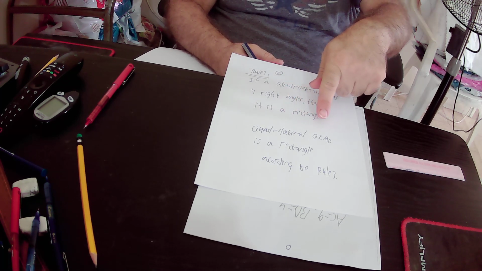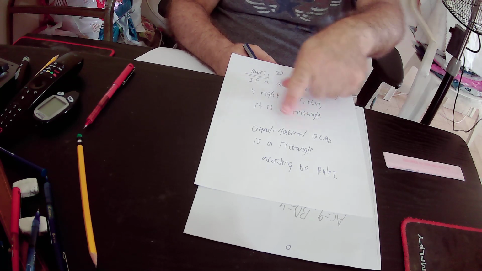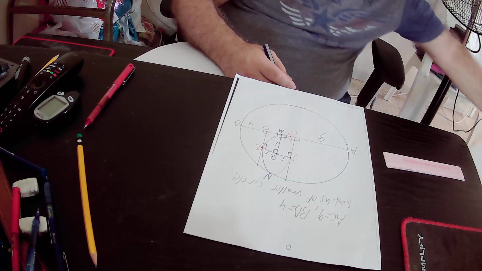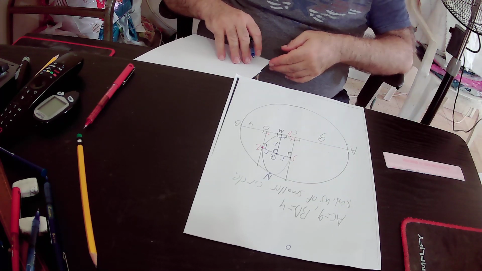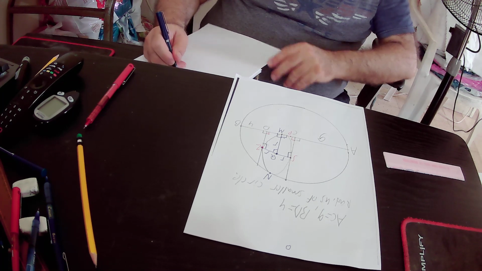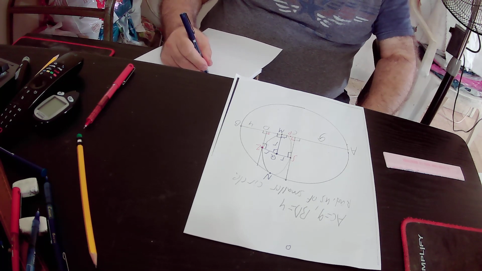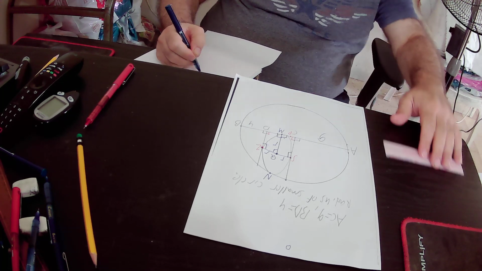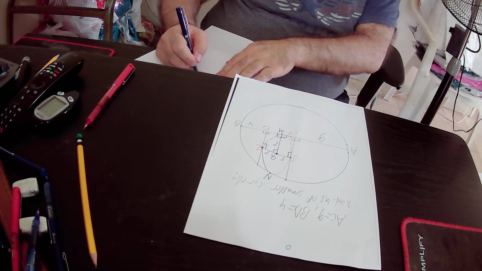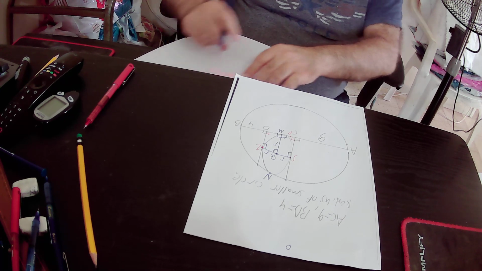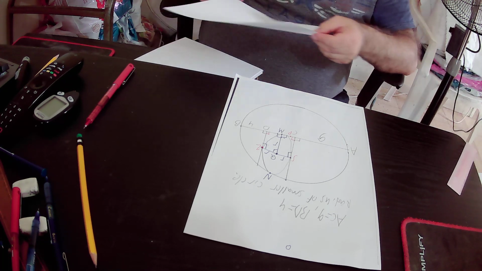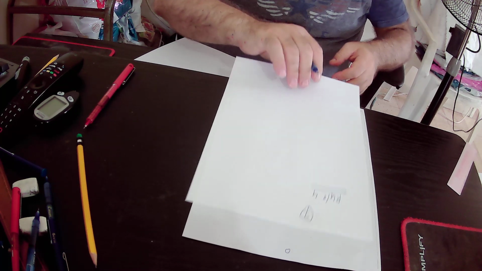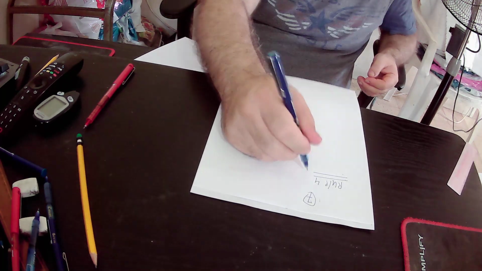Quadrilateral QZMD is a rectangle, because it has 4 right angles, and we have rule number 4 that states that the opposite sides of a rectangle are equal to each other.